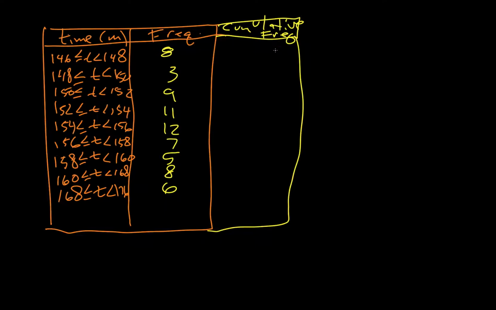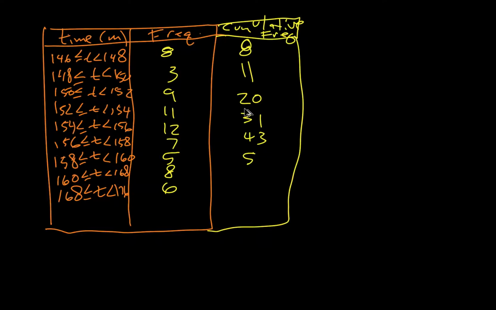So the first one's still going to be 8. But then since this is 3, we're saying at this point in the race, 11 people have finished. Then we add the 9. We get 20, add that, 31, 43, 50.